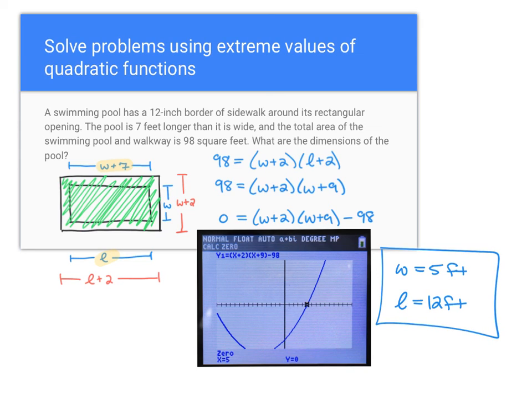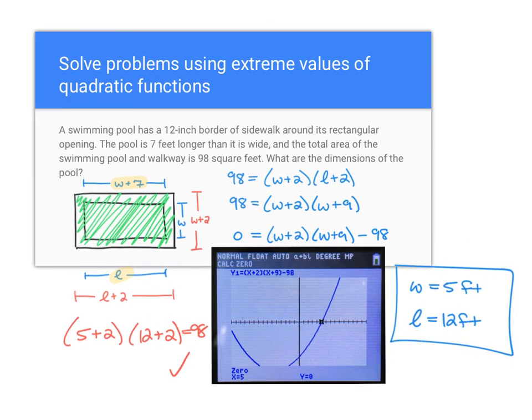You could check your answer, you know the area should be 98 square feet for everything. So you could do 5 plus 2 times 12 plus 2. That should be 98, and it is. So the area of the pool and walkway should be 98. It is, so those are the dimensions of this pool.